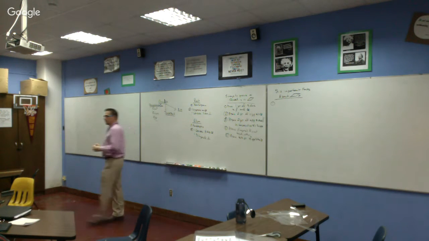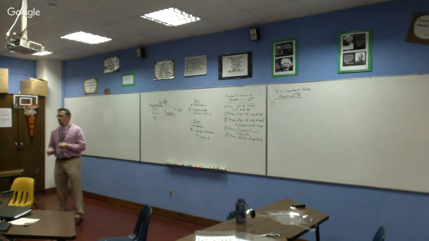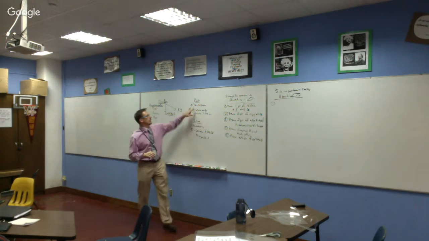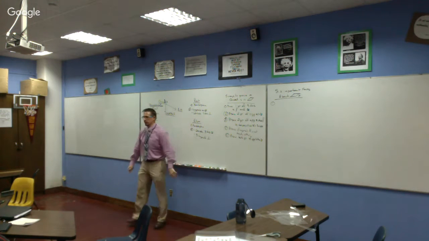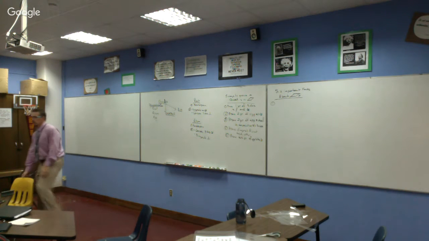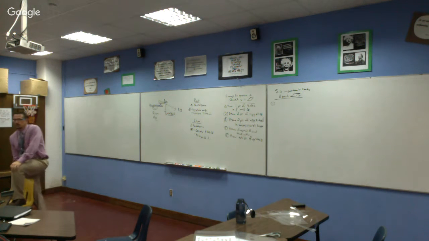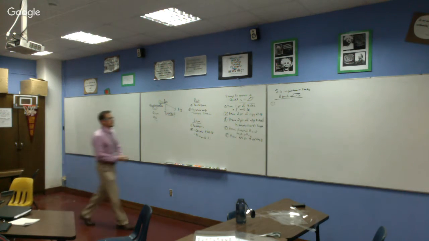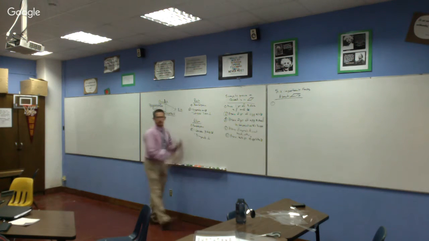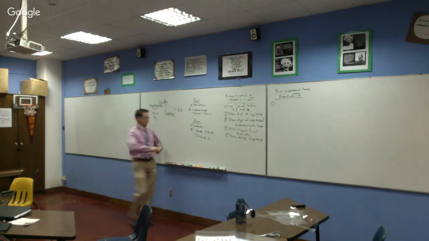Okay. Well, what happens if we prove that it's a parallelogram, it doesn't fall into one of these, and it doesn't fall into one of those? It's just a parallelogram. But what happens if we get a yes, and a yes? Square. It's a square. Okay?